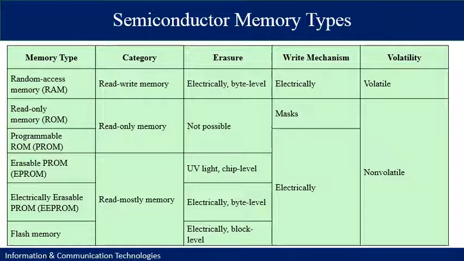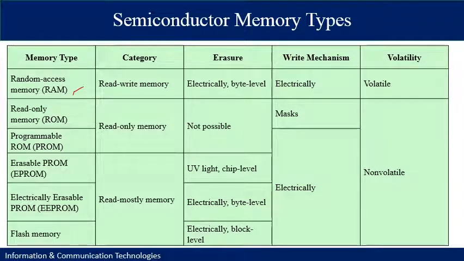This table depicts a brief summary of different memory types, their categories, and their write mechanism, along with the volatility of their usage. So SRAM is a read and write memory, so you can read and write from this memory.